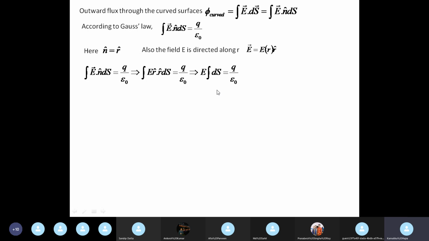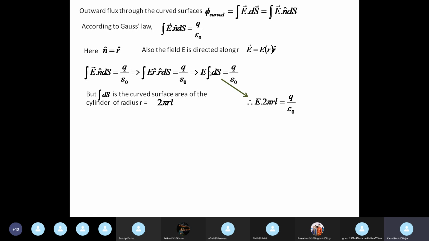The surface is now a cylindrical surface. So ds is the curved surface area of the cylinder of radius r and length l, which is 2 pi r into height, so 2 pi rl.